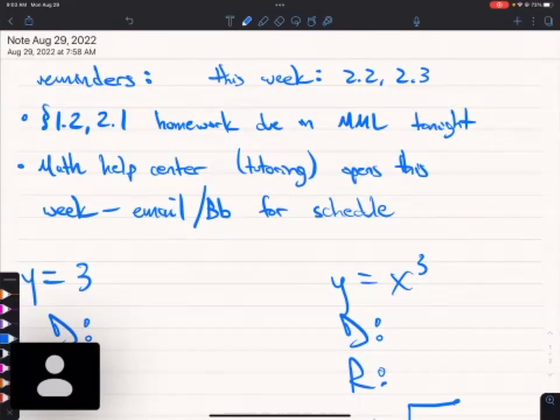Okay, so to do this transformation stuff, we need to know a little bit more about some functions than we have right now.